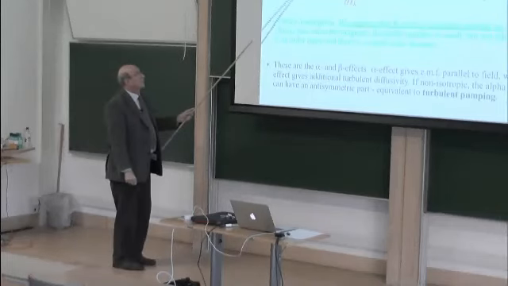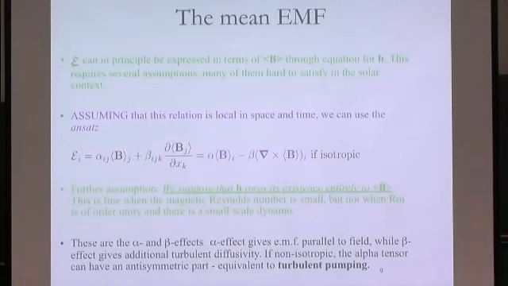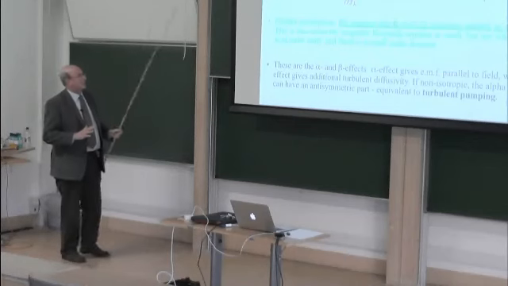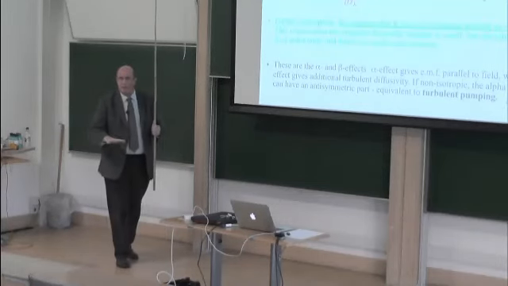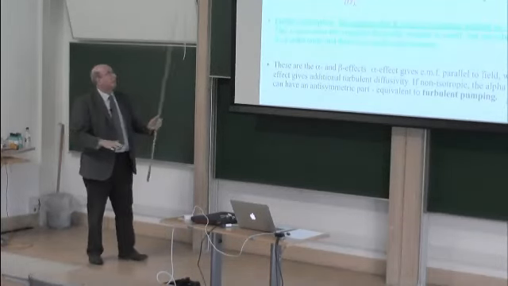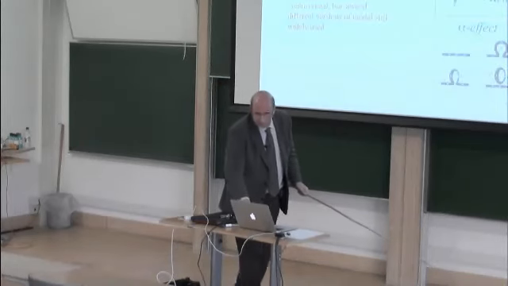So there are two sorts of possible things that can happen here. One is you get EMF parallel to B, which leads to growth of the field. And the other is you get, like a velocity, a mean effect, which we call turbulent pumping, which pushes magnetic field along in a situation where you have anisotropy, and you're allowed antisymmetric components of the alpha tensor.